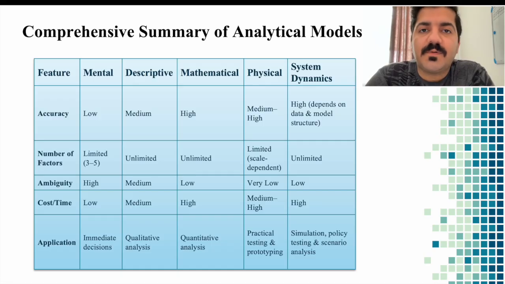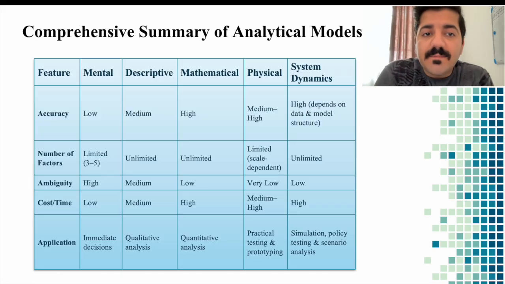Mathematical models provide high-precision quantitative analysis though they are complex and costly. Physical models give tangible, medium to high accurate results for testing, but are limited by scale and expense.